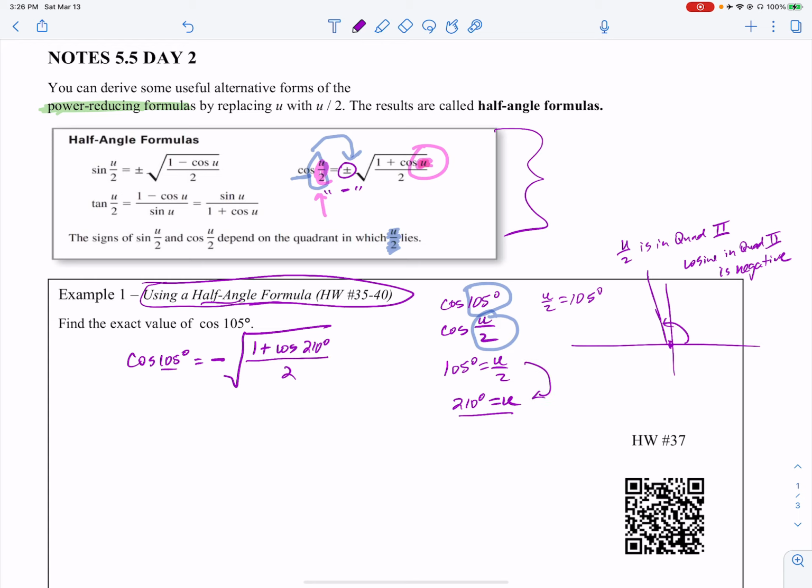Remember, u over 2 is the 105. The cosine of 105 is what I'm trying to evaluate, and the 105 is the half angle. But underneath that radical, you are using twice that angle. And how I know I can use a half angle and get an exact value and not need a calculator is because that 210 degrees is one of those angles on the unit circle that I know sine, cosine, tangent, secant, cosecant of.